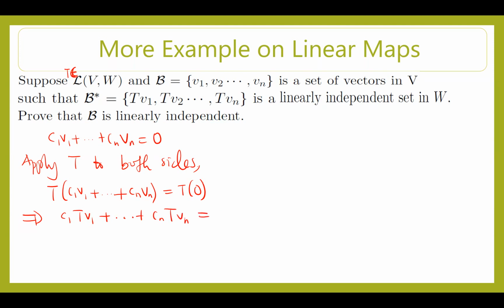But T is also a linear transformation, meaning T of 0 is 0. So this is true. I would simply advise you to recall that this is what you are using.